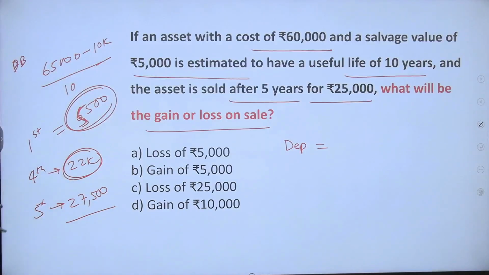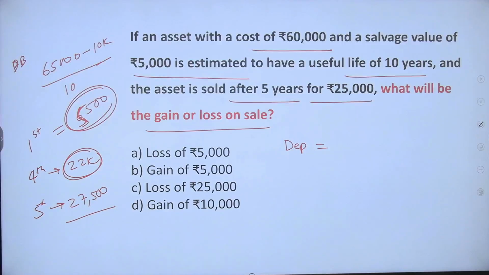Then if you subtract this from the 60,000, you get 32,500, and they sold it for 25,000. 32,500 minus 25,000 is 7,500.